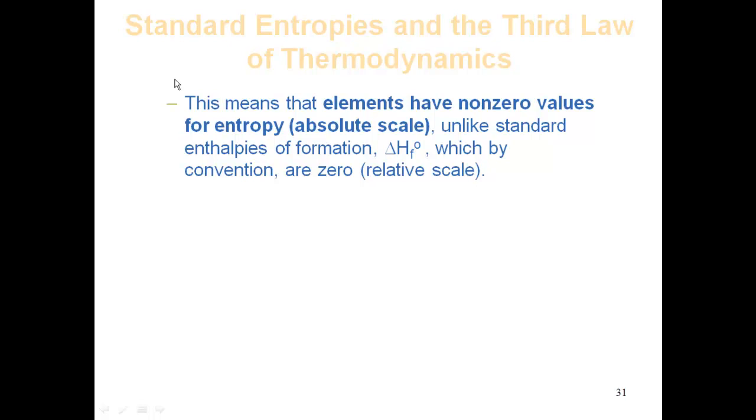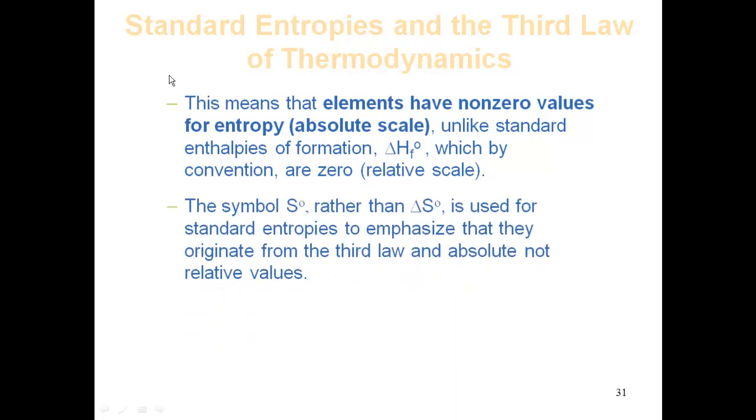Things like oxygen, iron solid, nitrogen gas, all those are 0 delta H_f. However, with entropy, they will have some numeric value because it's on an absolute scale based on that third law of thermodynamics. This is also why we tend to use the symbol S with a superscript 0 rather than delta S.